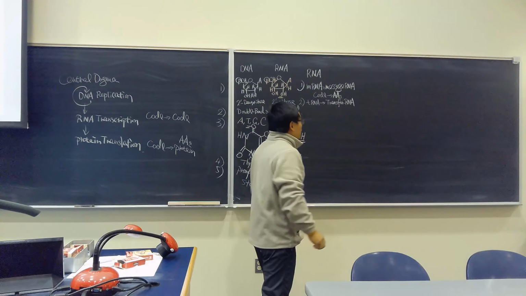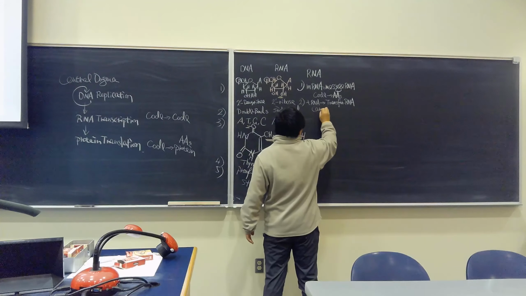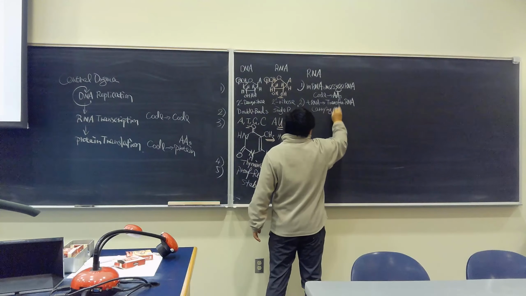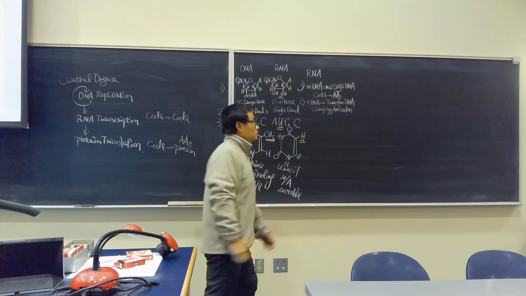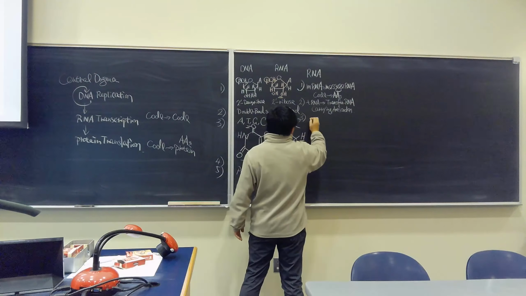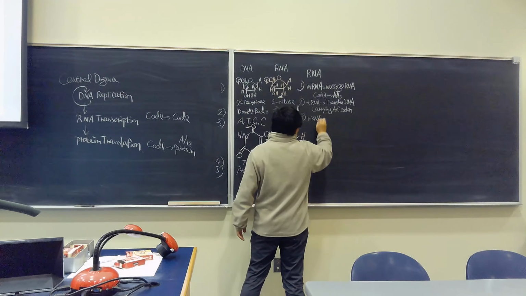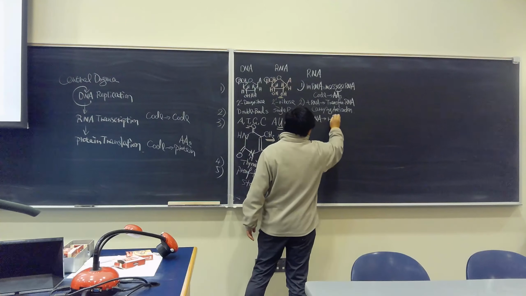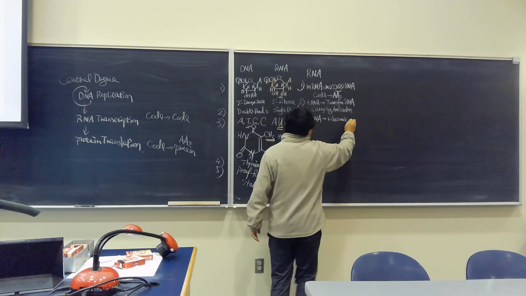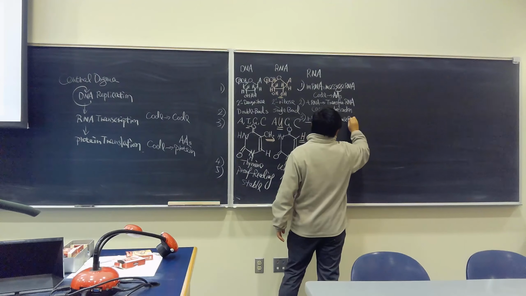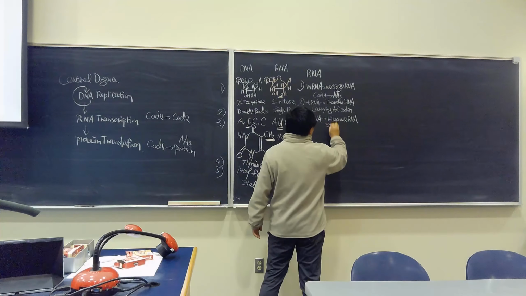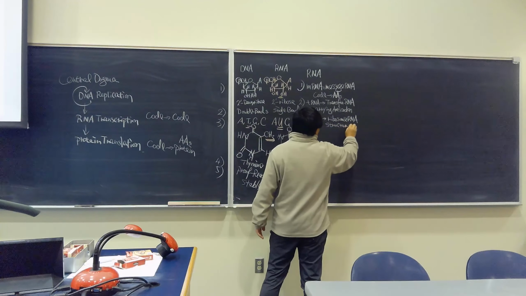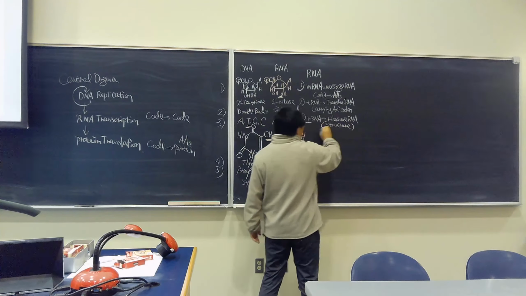The transfer RNA actually carries the anticodon. The last one is rRNA, the ribosomal RNA, which is actually a structure of the ribosome. There is not much secret behind that, because it's a structural RNA. So those are the 3 types of RNA.